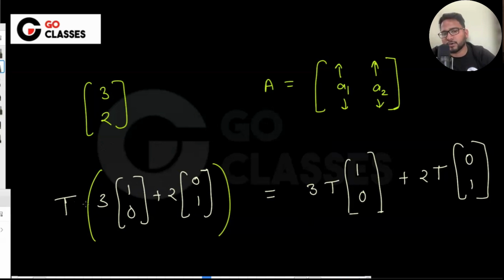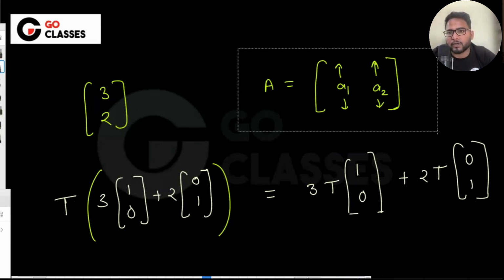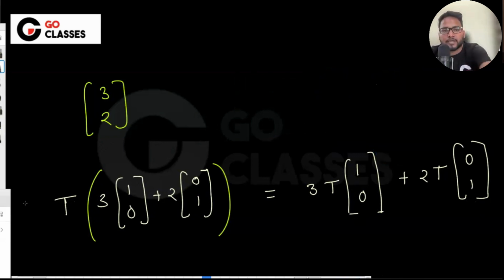I mean this is distributive over the plus, and then you can take this 3 outside, right? Using the transformation property I can go from here to here. Okay, so using the transformation I'm getting something like this. Is this okay? And if you multiply this 3 2 by, let's suppose, the matrix A, then what are you getting? A is nothing but A1, A2. Okay.